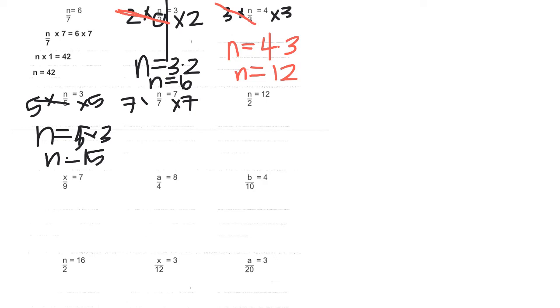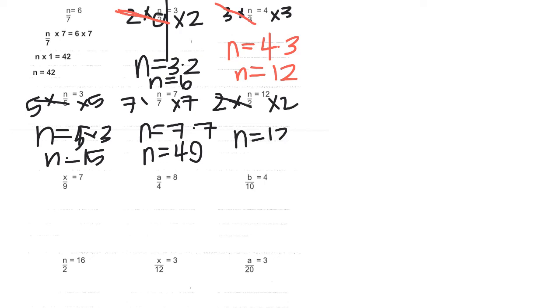Sorry, my handwriting's not the best on here, you guys, because I'm using a stylus on my iPad and it doesn't work the greatest always, so I apologize. So I'd get n equals 7 times 7, and n equals 49. Multiply by 2 on this one, so I would cancel those out. n equals 12 times 2, and n equals 24.